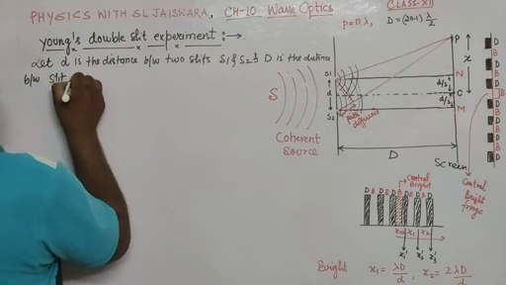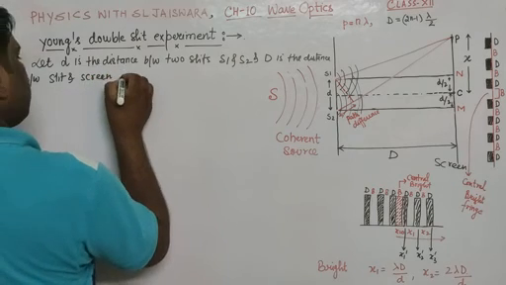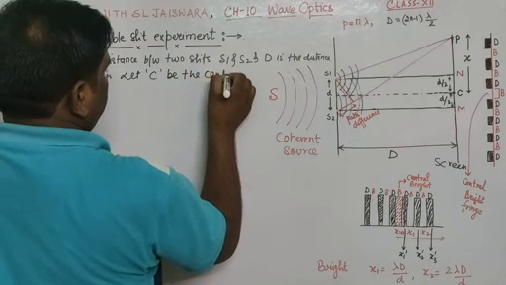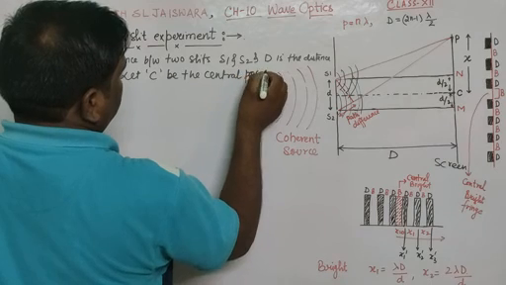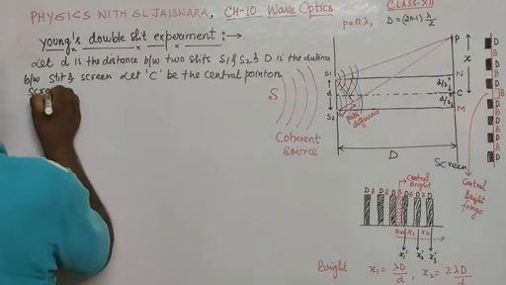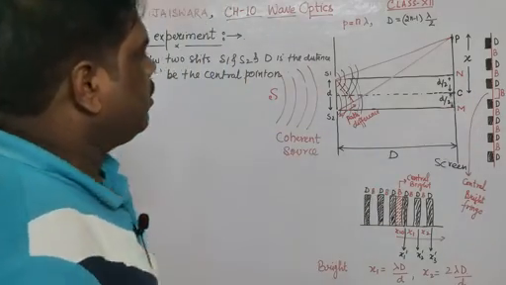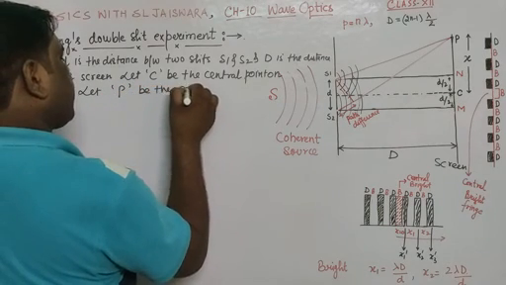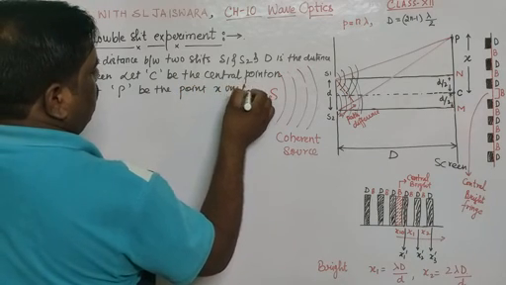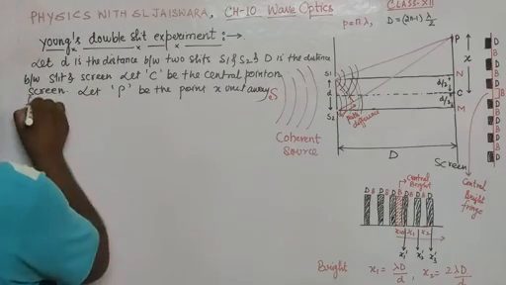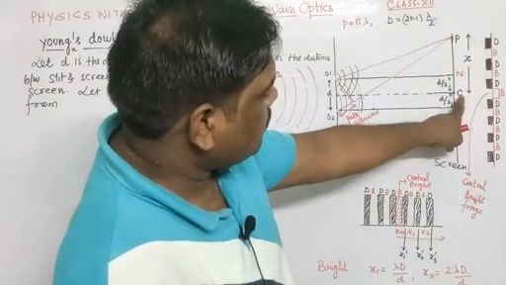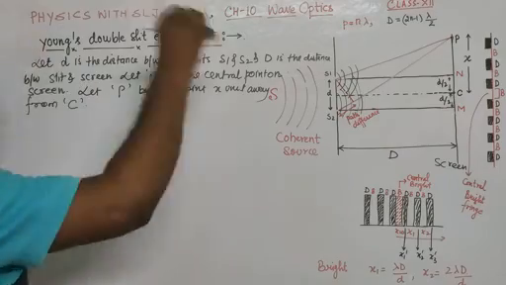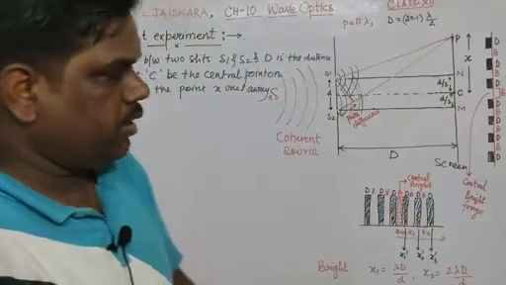Let C be the central point on the screen, and let P be the point x units away from this central point C, meaning PC is equal to x. Got my point? Well done.